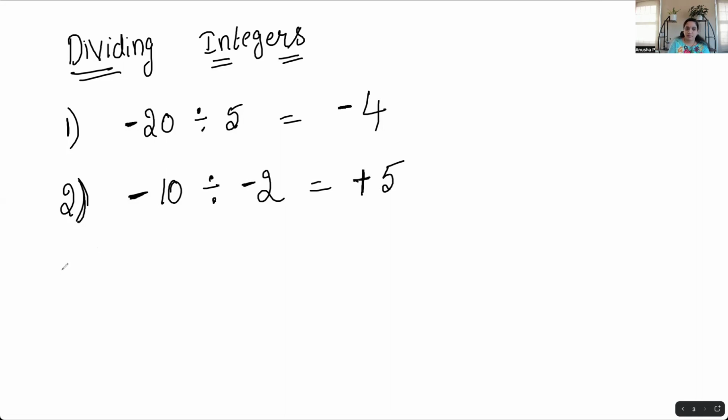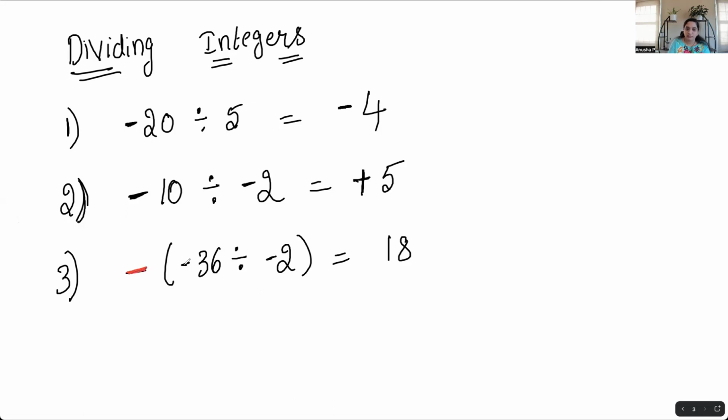Okay. In the third example, if they represent it like this, minus of minus 36 divided by minus 2. Just do first 36 divided by 2, which is 18. And in this case, we have to check the number of negative signs.